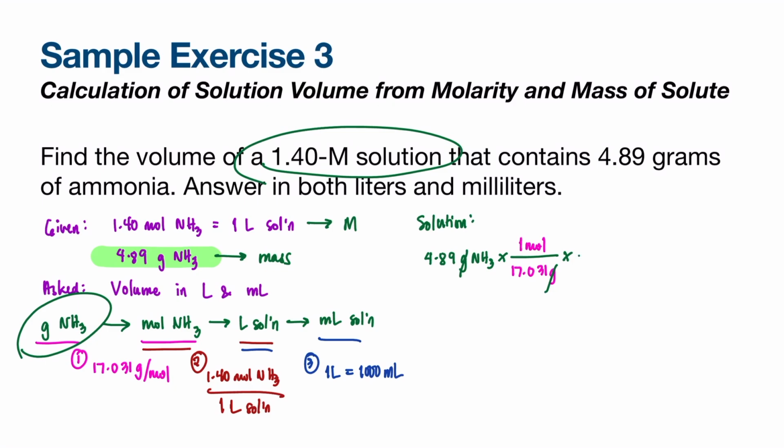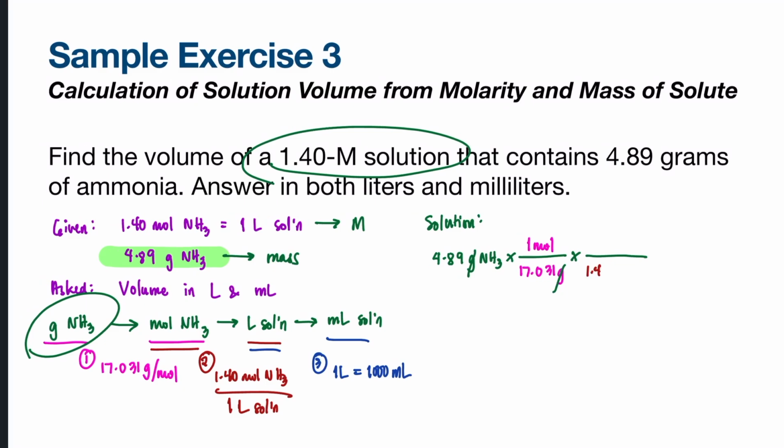Next, the second conversion factor converts from moles to liters of solution. Using the molarity, we place 1.40 moles of ammonia in the denominator and 1 liter of solution in the numerator. As you can see, we can already cancel the moles and the ammonia as well.